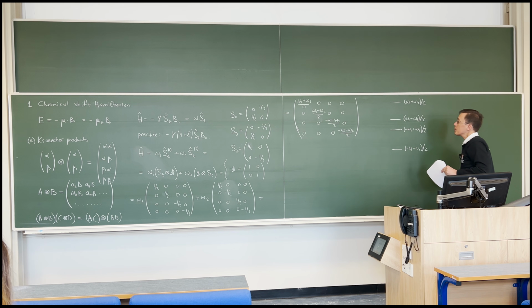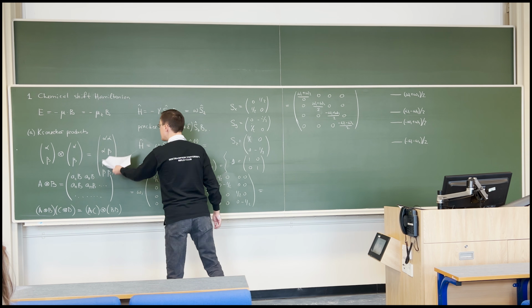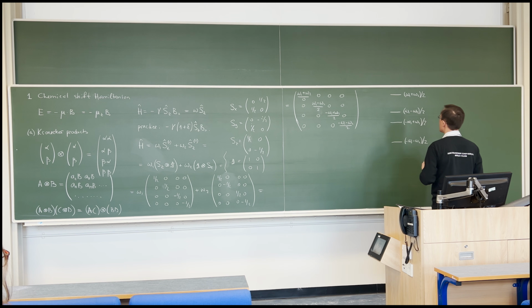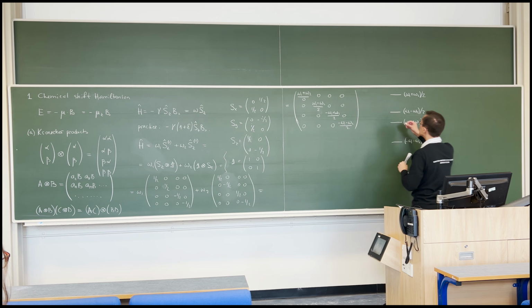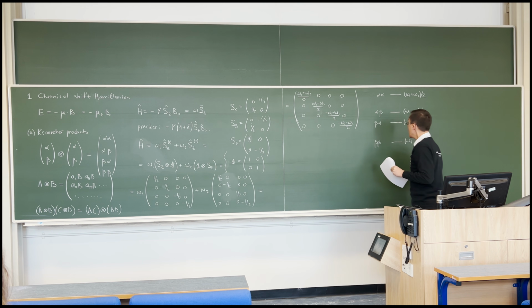And this would correspond to the 4 states that we have here if we have that as our first spin and that is our second spin. So that is alpha, alpha, alpha, beta, beta, alpha, and beta, beta.